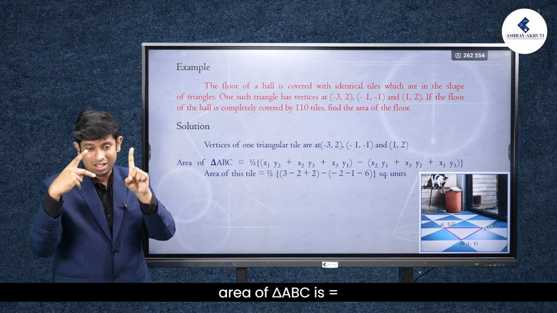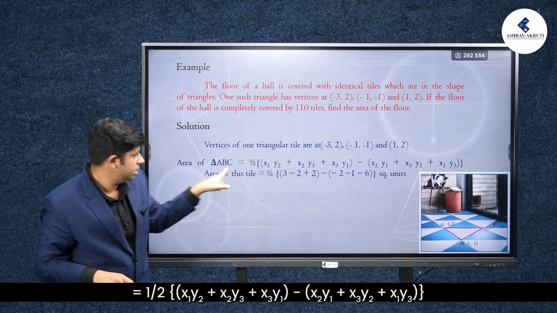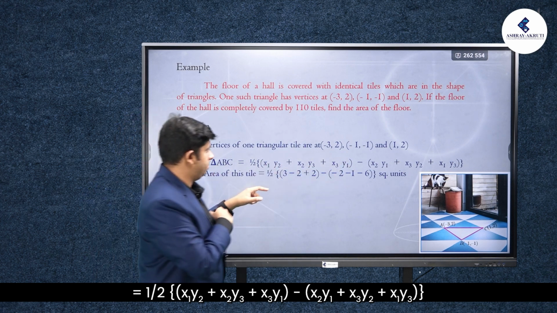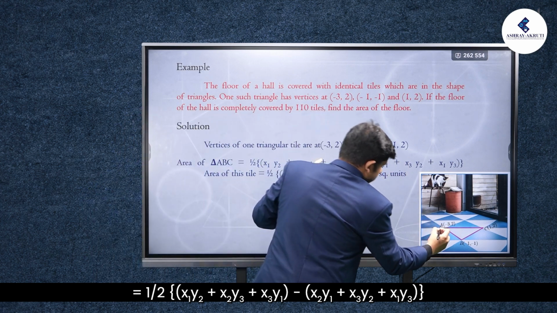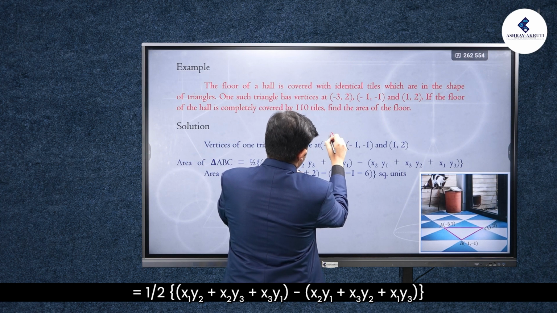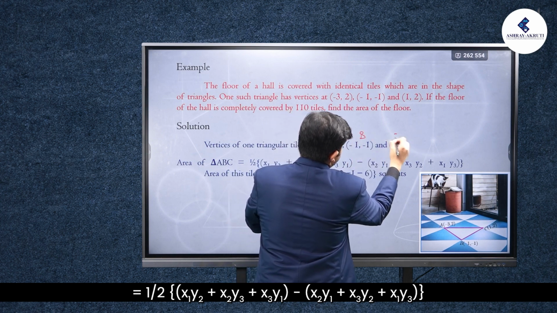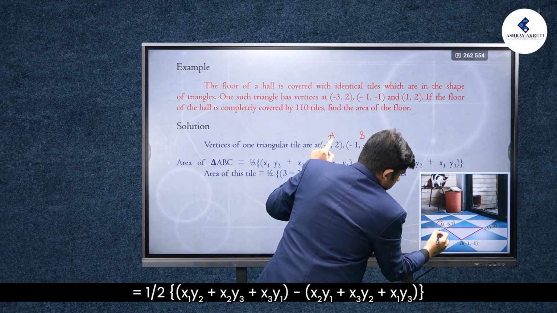Area of triangle ABC is equal to half into x1 into y2 plus x2 into y3 plus x3 into y1 minus x2 into y1 plus x3 into y2 plus x1 into y3.